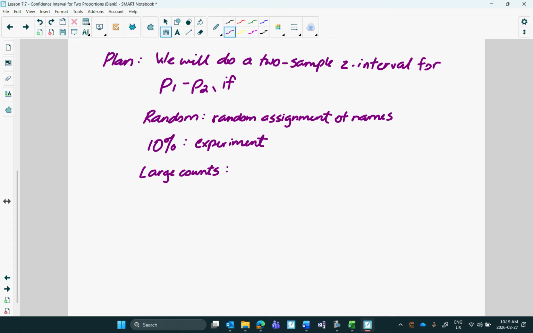So we have to do N1 P hat 1 greater than or equal to 10, and N1 times 1 minus P hat 1. And then we have to do the same for the second group.